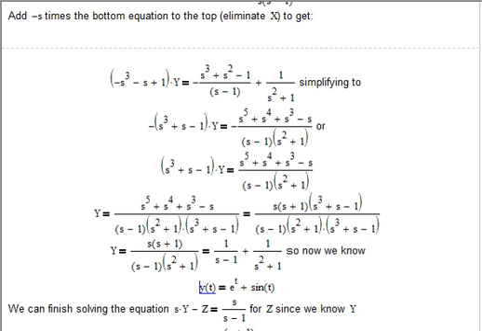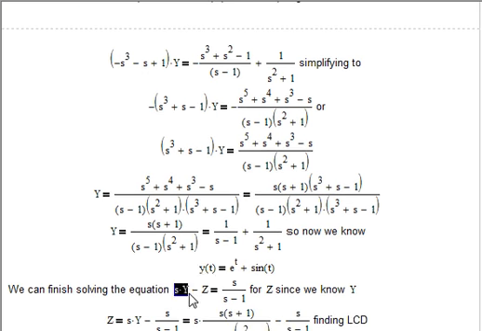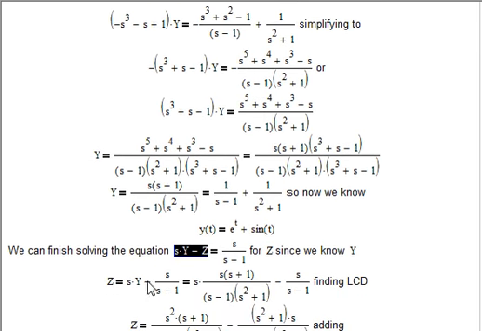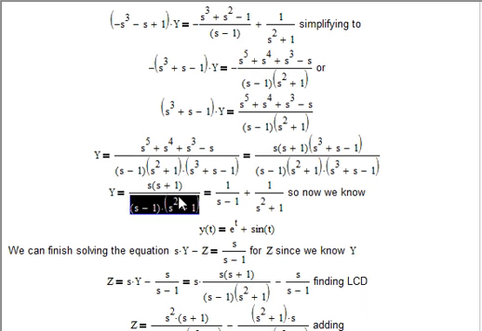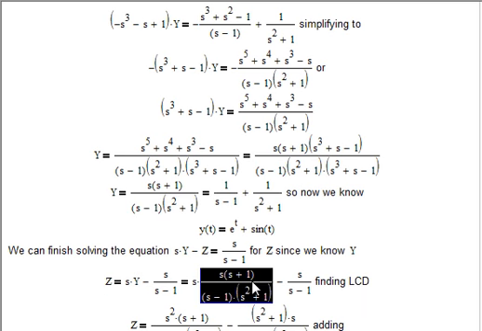Now, we can finish solving this equation for z since we know y. So z equals, and be careful of the way I mess with the signs on that, z equals s times y minus s over s minus 1. And s times y, remember this was our y. Recall that came from here, right? So that's s times this y minus s over s minus 1.